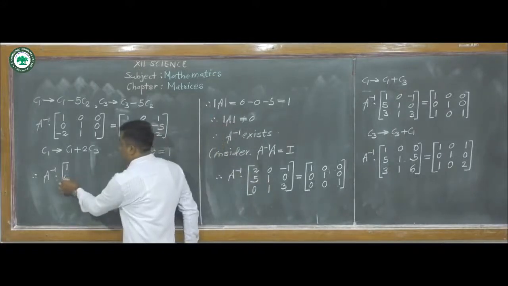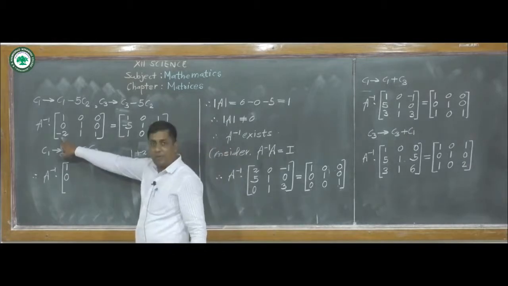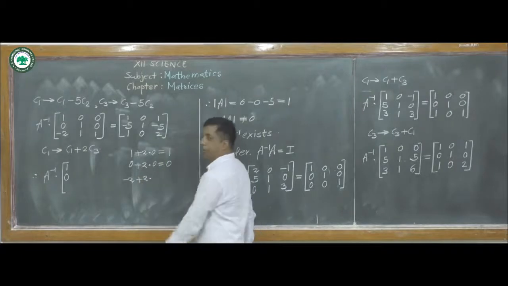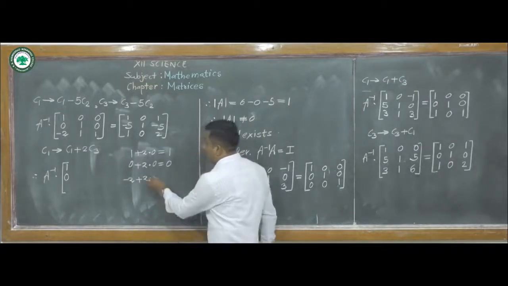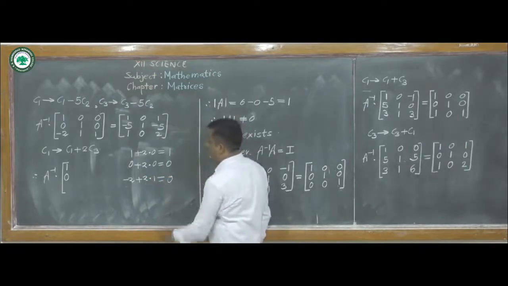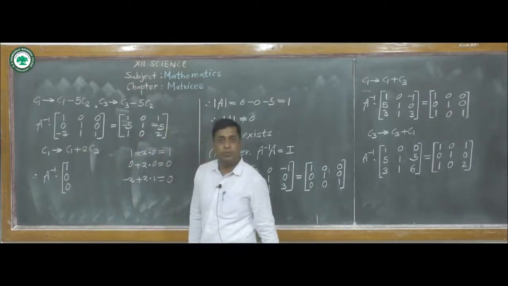So here we get 0. Next, the third element from column first is minus 2 plus 2 into the third element from column 3, which is 1, and we get minus 2 plus 2. We know this is 0. Here in the position of minus 2, we get 0.